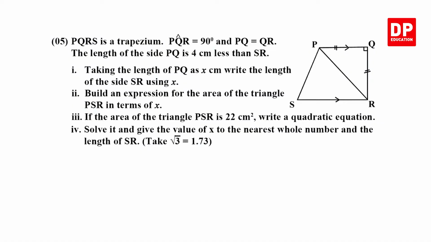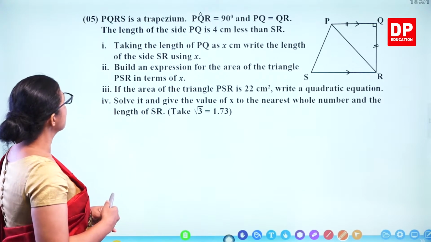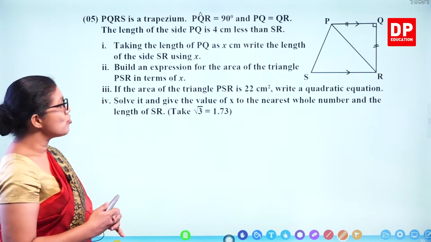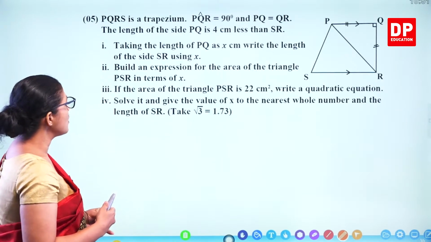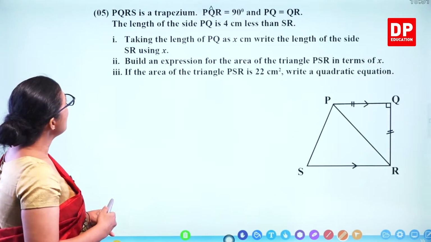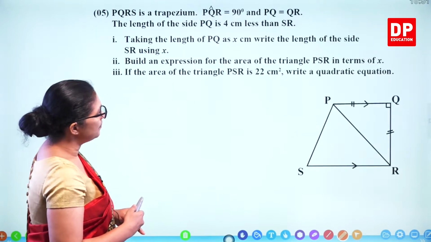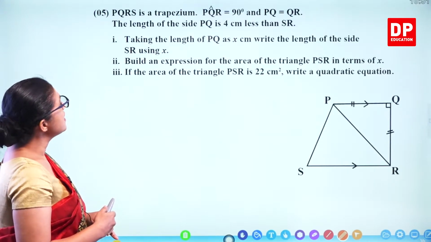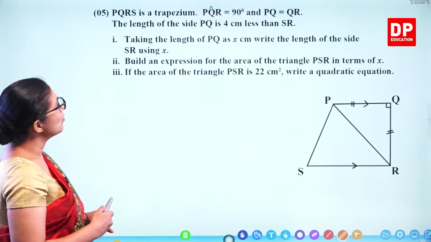Now you can do question number 5. You get 4 parts. This is about making an equation and solving quadratic equations. So we'll do it step by step. PQRS is a trapezium. PQR is 90 degrees. PQ is equal to QR.